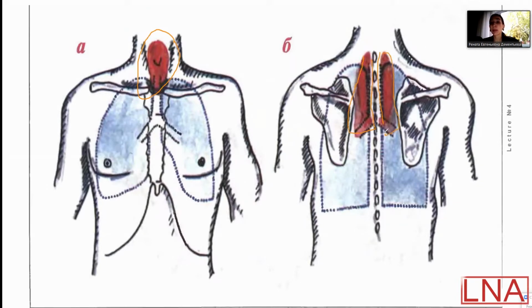But look, that is the normal localization of laryngotracheal breathing. But in some conditions, you will determine such laryngotracheal breathing in zones where normally you have to determine vesicular breathing.